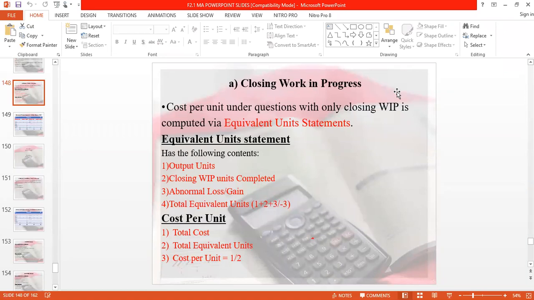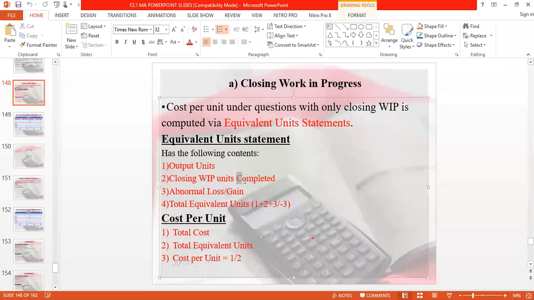We said that in process accounts with only closing work in progress, cost per unit is calculated through the equivalent unit statement. You must first prepare the equivalent units statement. You must show the output units, closing work in progress, and units completed.